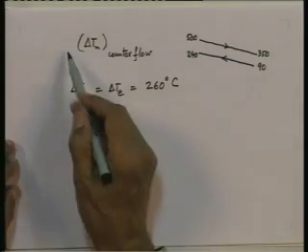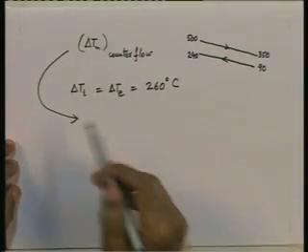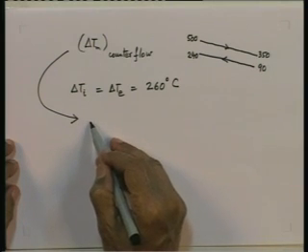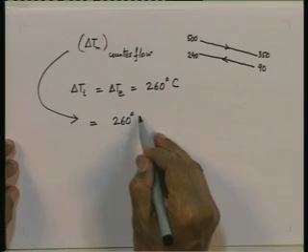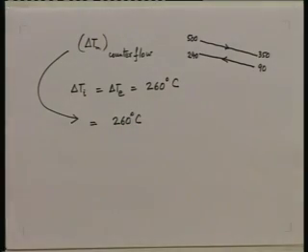So, delta T m counterflow will also be equal to 260 degrees centigrade. This is the case of the two temperature profiles being parallel to each other. This is that special case which we talked of earlier.